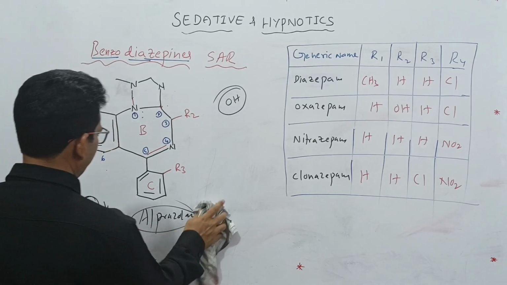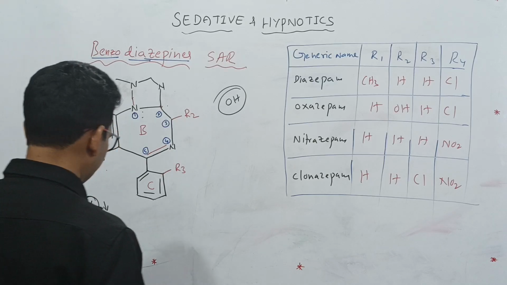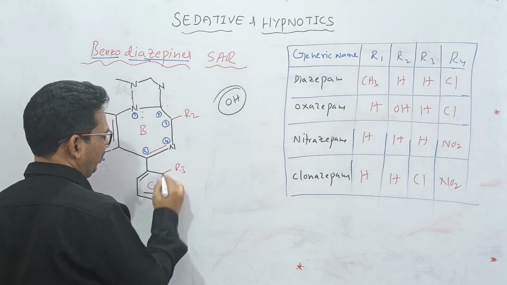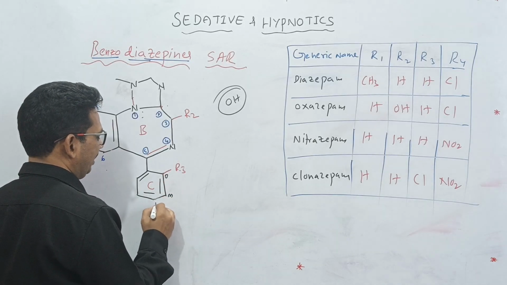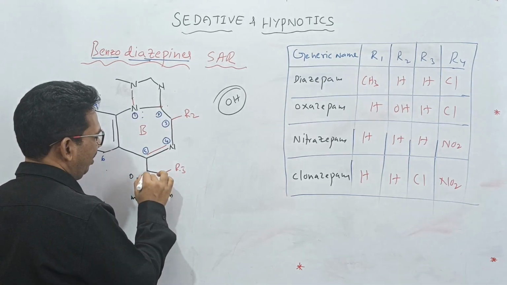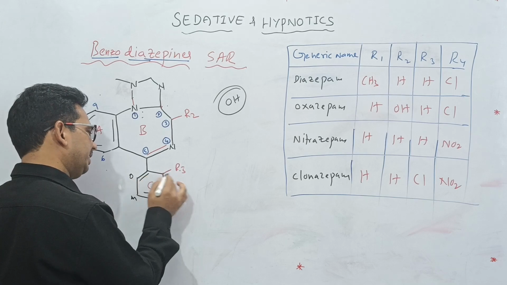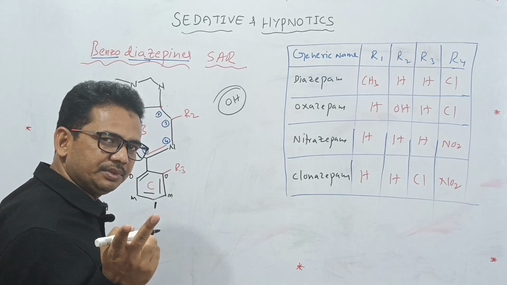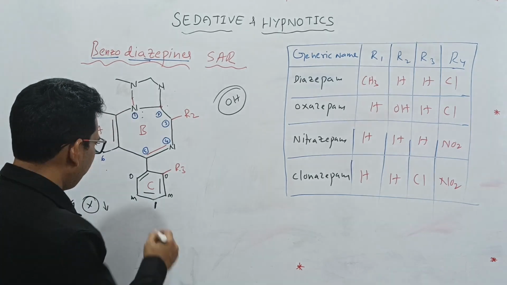Now we'll go for ring C. Ring C is very important here. If you are doing any substitution, especially with an electron withdrawing group, this position is called ortho, this is the meta, this is the para. At the diortho positions, 2 halogens, that is 2 electron withdrawing groups, you can substitute; that will increase the activity.